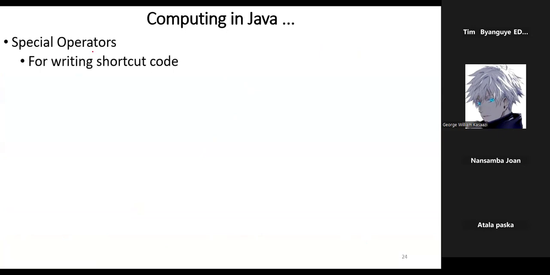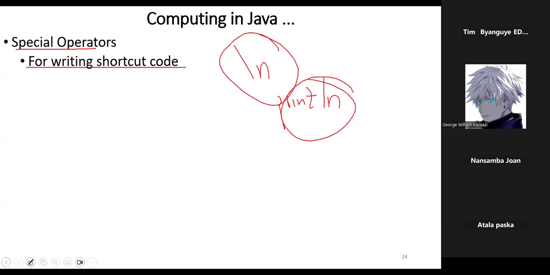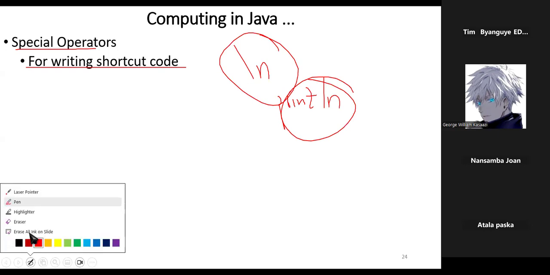Of course, we have special operators while you're trying to perform these computations in Java. So the special operators most of the times are used for writing shortcut code. What is shortcut code? Imagine things like \n instead of using the println function. So this would be considered a shortcut to the println.